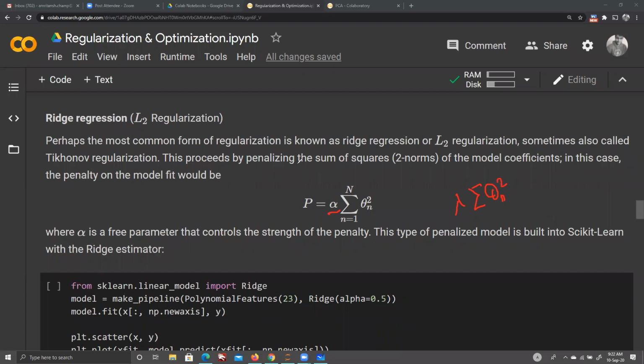It is penalizing by the sum of squares of the model coefficients. You can think of this as alpha because it is also written as alpha in the parameter setting, but in a lot of books, it is referred to as lambda. It's a free parameter which controls the strength of the penalty. So if you were to increase this parameter, the penalty strength will be really high. Ideally, we do not go beyond 1.